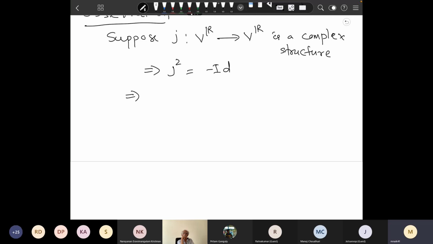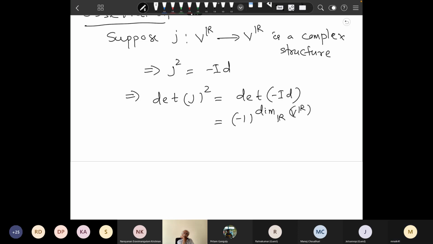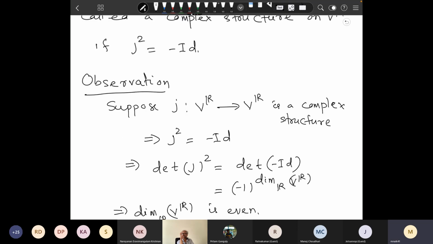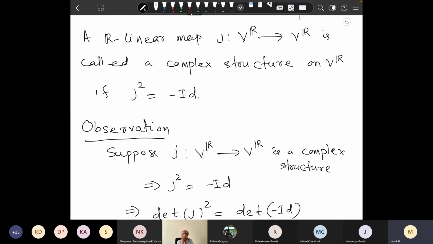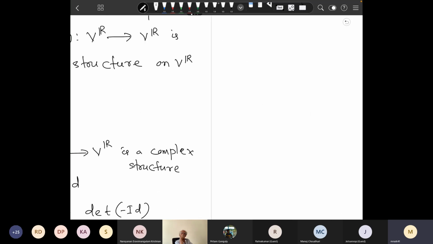Now, if you put determinant on both sides, you will get determinant of J square is equal to determinant of minus identity. Now, determinant of minus identity will be minus 1 to the power dimension of V^R over R. Now, observe that the left hand side is a positive quantity, so this implies the dimension of V^R over R is even.